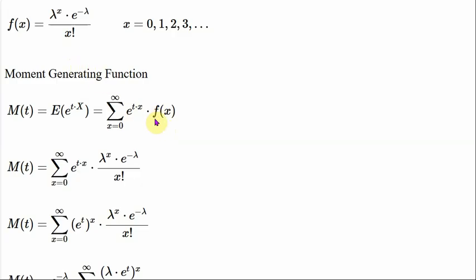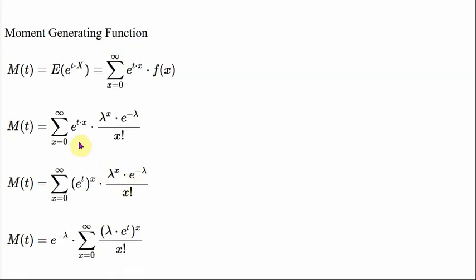And so in the place of f of x, we have lambda to the x times e to the negative lambda dividing by x factorial. This is e to the t times x, so I'm going to rewrite it as e to the t to the x. And then we can combine this term with lambda to the x right here.